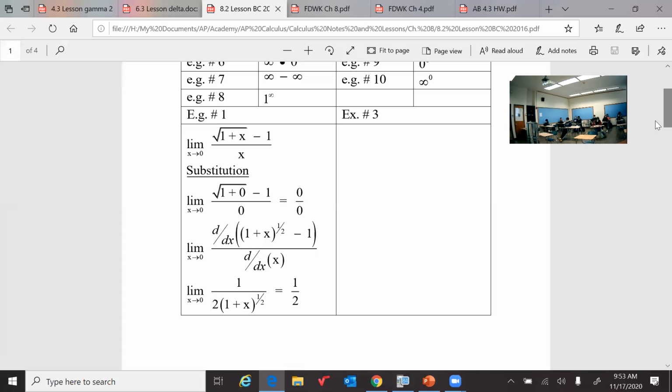So, example 1. Here's the work. Ready? We put 0 in here. So you would get the square root of 1, take away 1, 0 over 0. Indeterminate, you can't tell the height of this graph as x goes to 0. So we take the derivative.